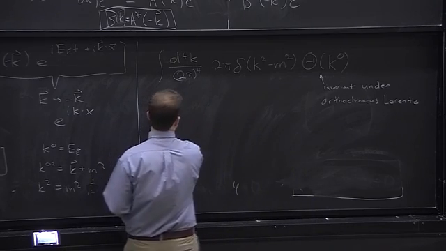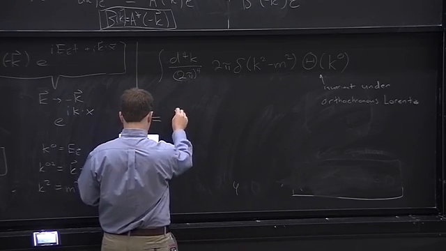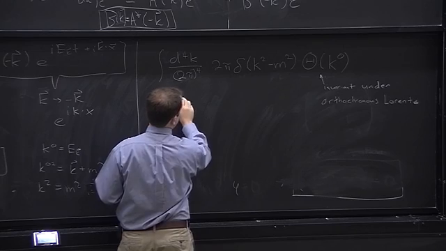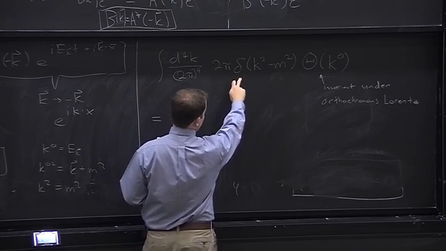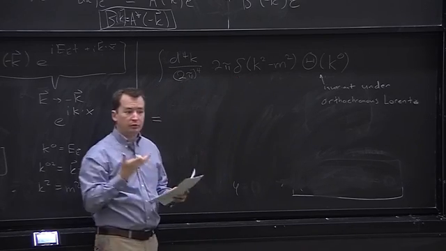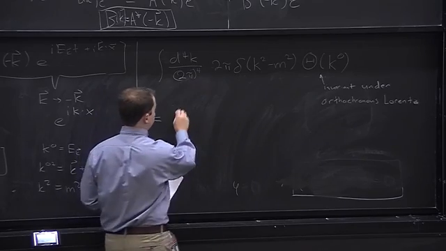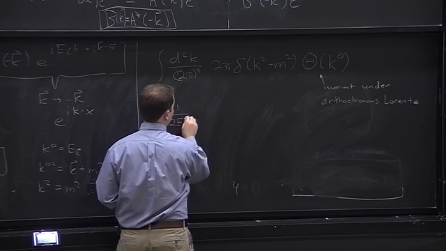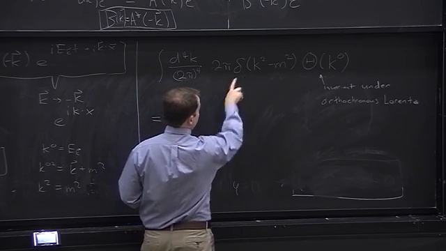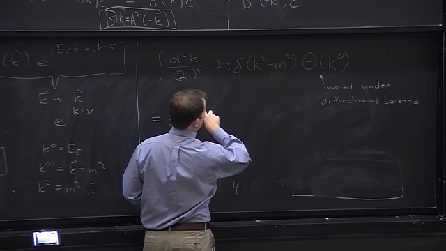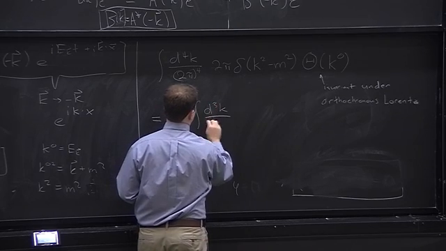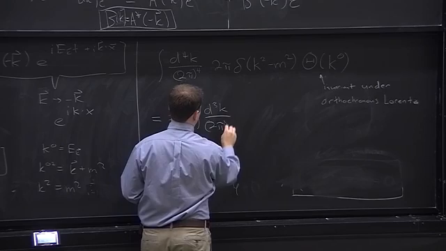And so this integral is equal to, when you use the delta, remember for delta of a function, we get an extra factor that's 1 over the derivative of the function. So you get 1 over 2 ek. We use this to do the k0 integral, times the integral d3k over 2 pi cubed.